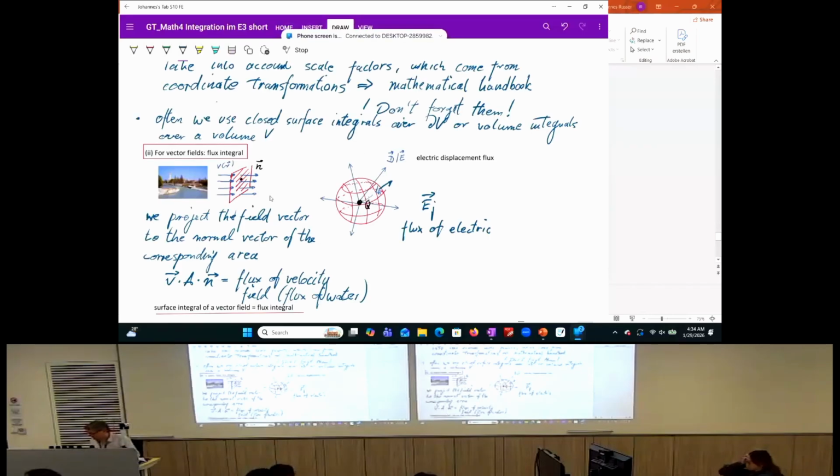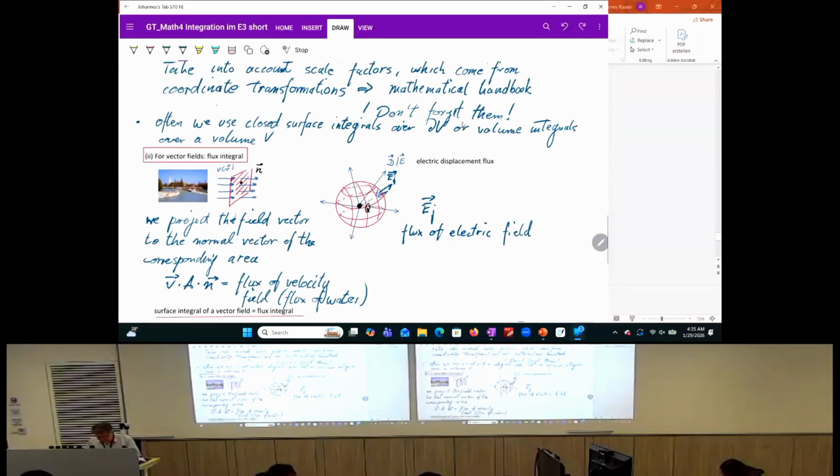So here you have E j, and you have a normal vector on this element. Maybe I should plot that in a different color. This is a normal vector on the j-th element.